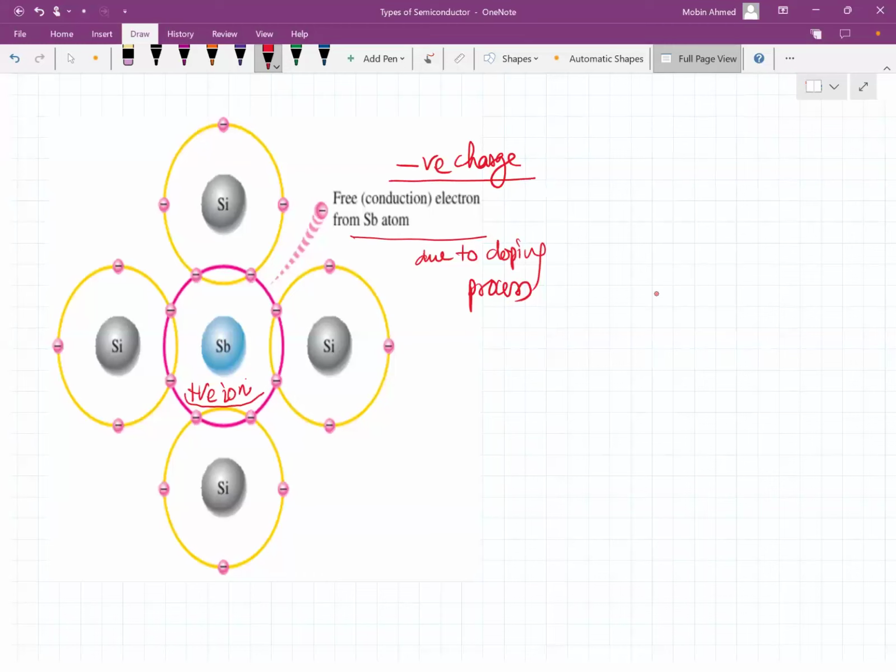This is positively charged, a positive ion, because the electron balance is no longer the same. And due to this negative charge, it is known as an N-type silicon semiconductor. Because it is made of silicon, it is known as a silicon semiconductor.